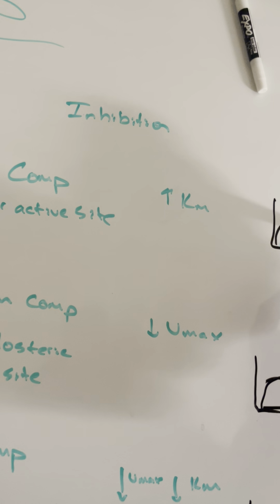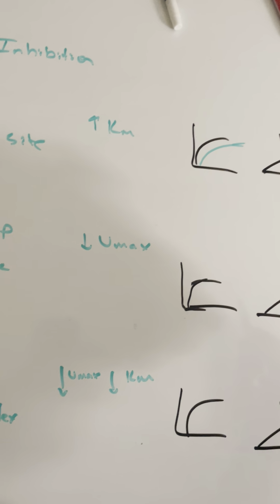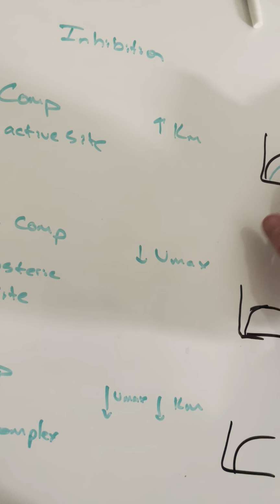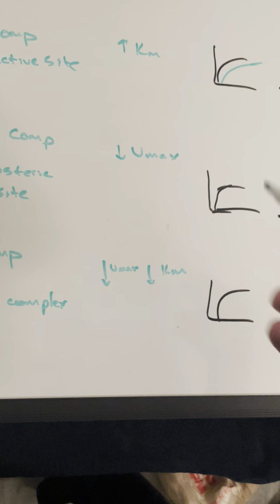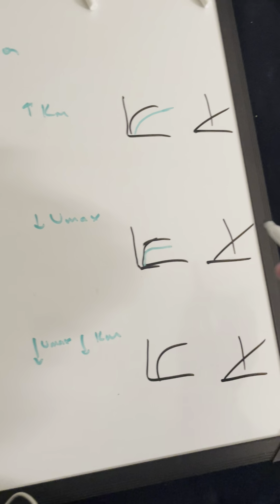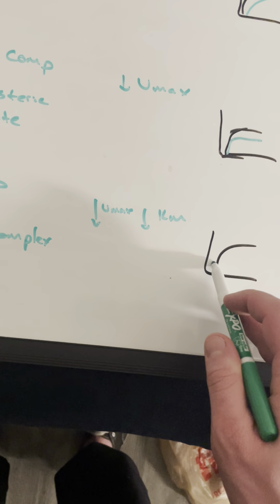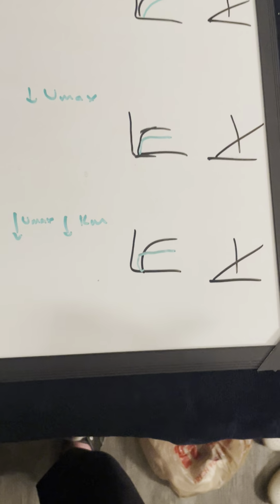For competitive inhibition, we're going to increase the Km, so we're going to drag it over there, but then we still get all the way up here, right? And then for non-competitive we'll decrease the Vmax. We're going to have the same Km, but we're going to fall a little short there. And since uncompetitive decreases both, we're going to jet this out a little bit, and then like that.